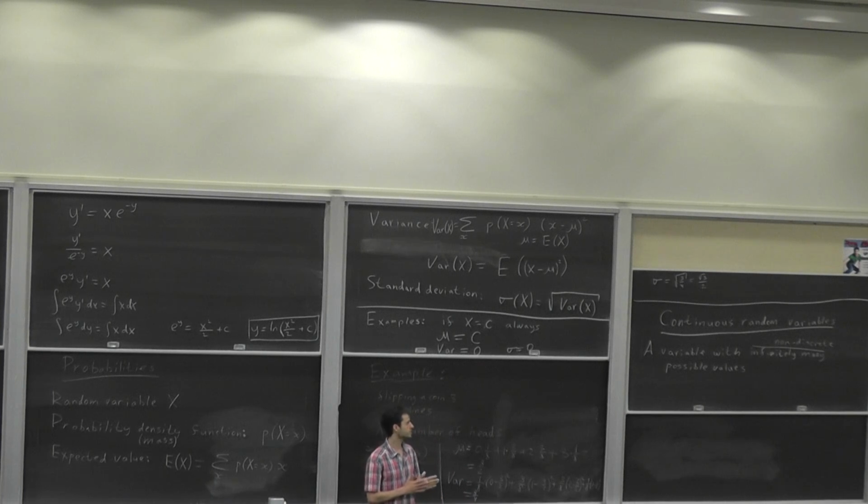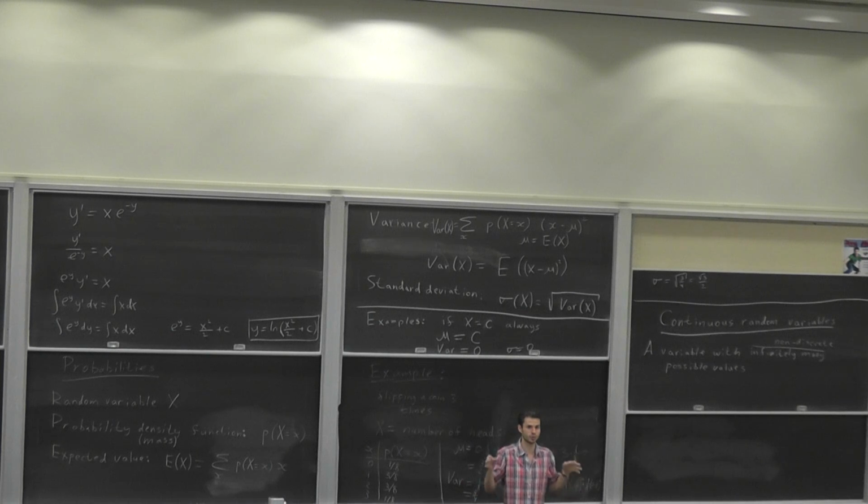The problem with this is, what does it actually mean to have a height which is exactly some number? What does it mean to have a height of precisely 183.7357 centimeters? Well, it's almost meaningless. If we make the number too precise, the probability of getting exactly this number in the measurement is basically zero.